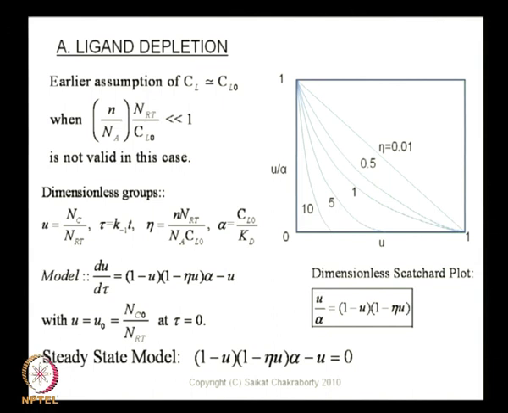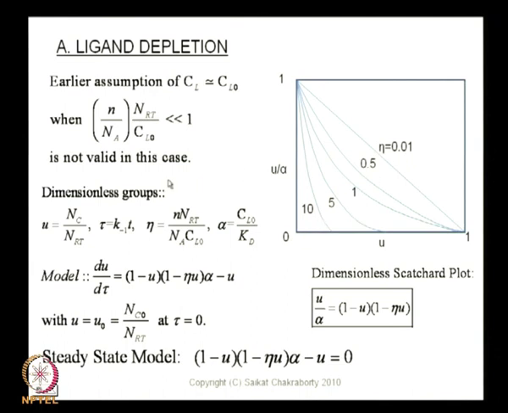So, you just have to look and tell me. Just look at these plots over here for different values of eta. What does it signify? About what? Concentration of ligand.